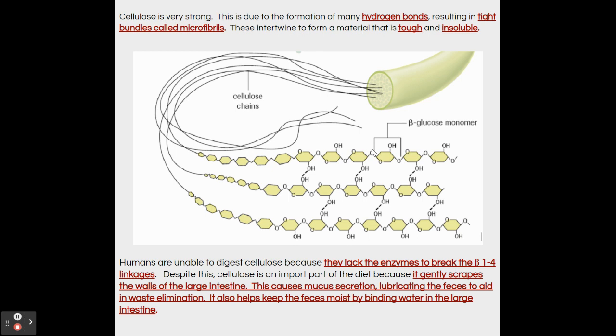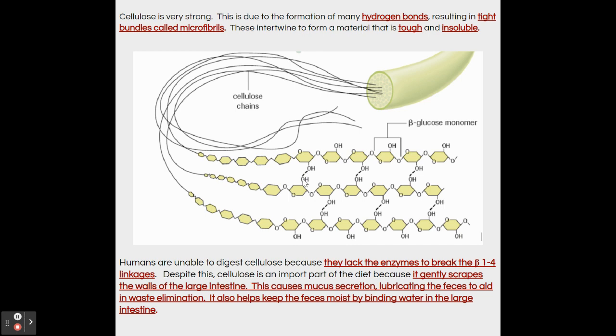So it's important to eat vegetables that have a high amount of cellulose. It also helps keep feces moist and binds water in the large intestine. So it brings that water back into the large intestine, so your feces are nice and healthy. That is really what it does.